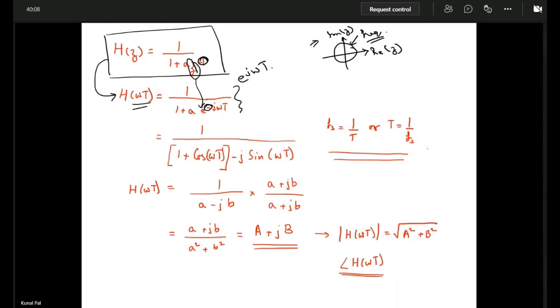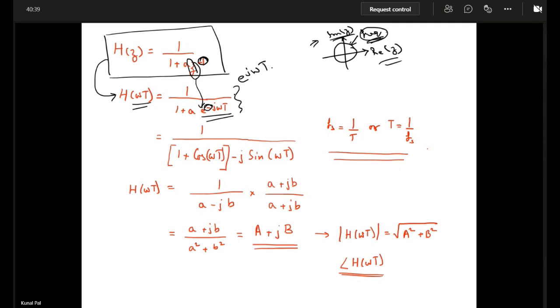But to save some time, I am not writing real z and imaginary z all the time. So once you have this H of omega t, omega t is basically on the unit circle, and z can be replaced with e to the power j omega t.